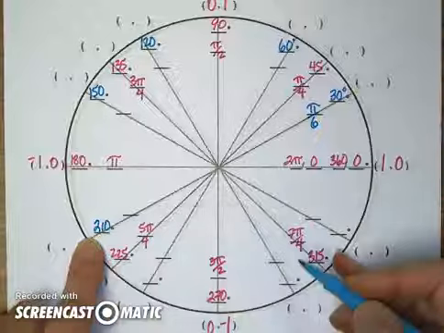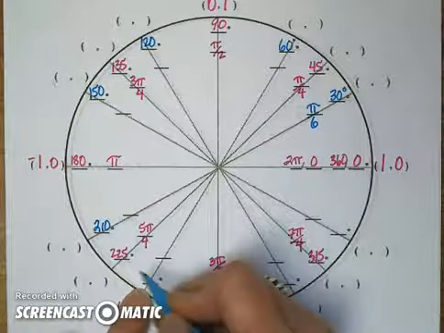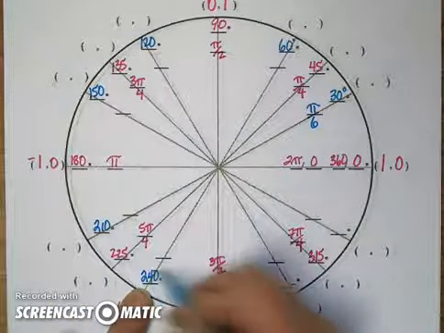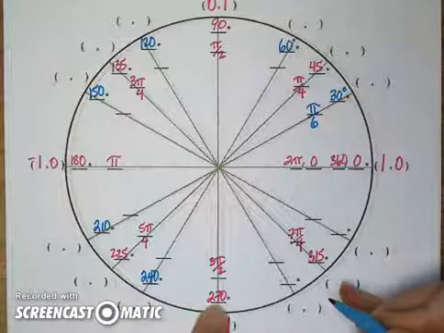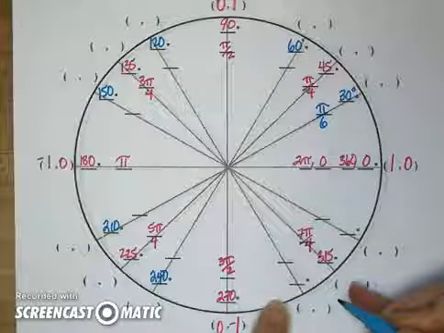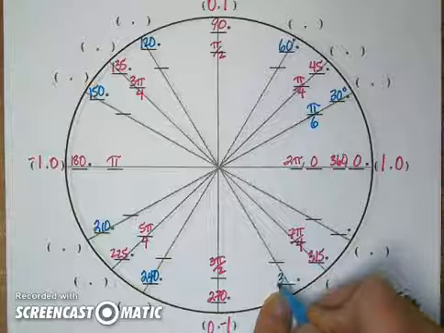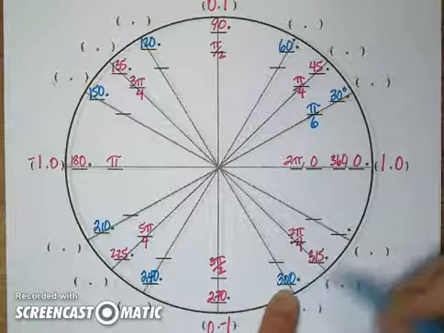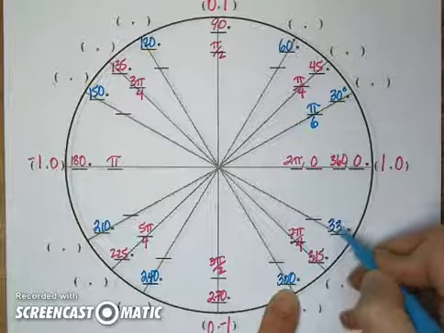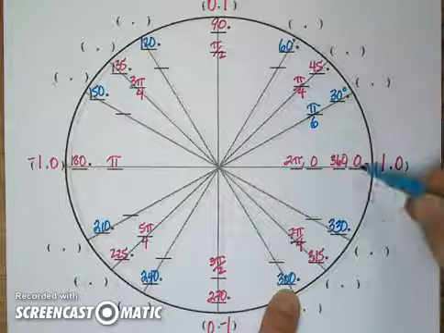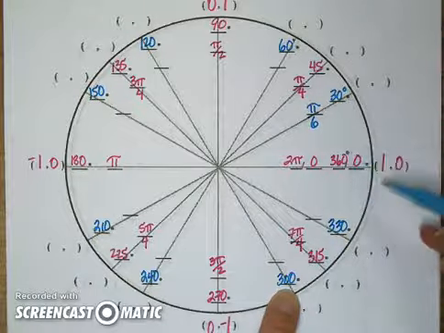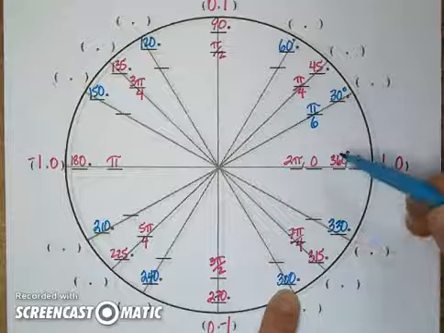Add another 30, you're at 240. Another 30, you're at 270. That's good. Another 30 puts you at an even 300. Another 30 would put you at 330. And another 30 at 360. So that got us all the way around going by 30s.